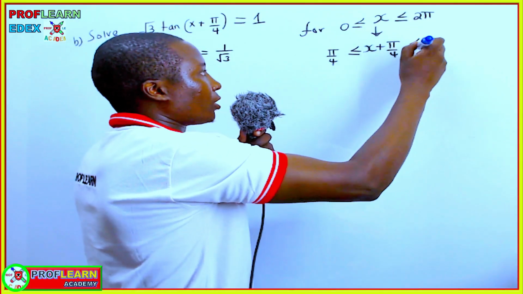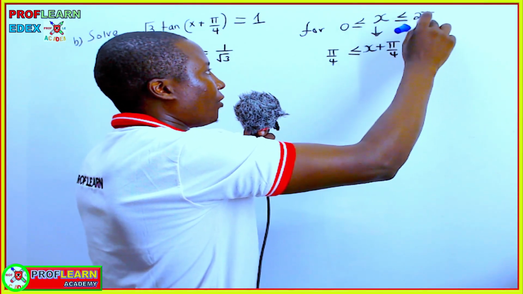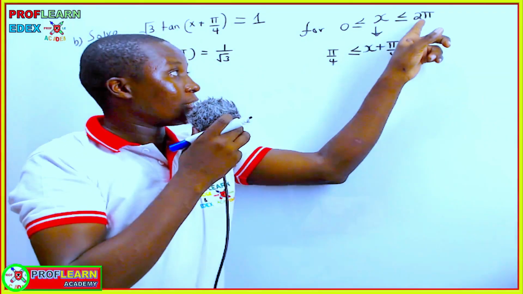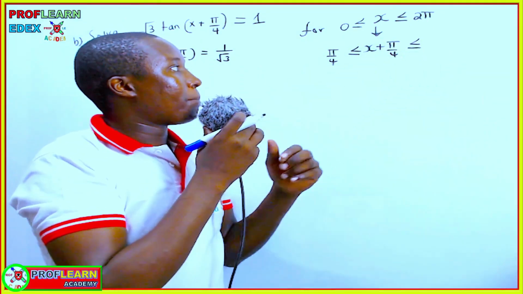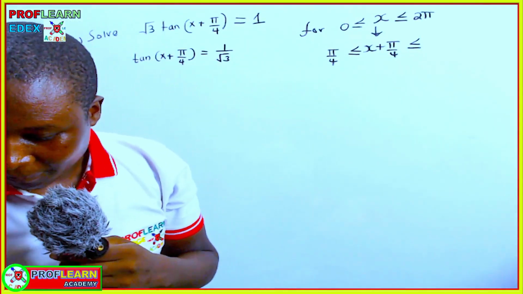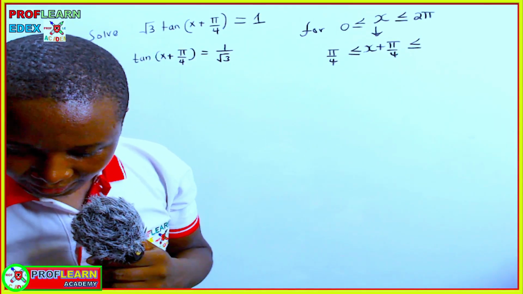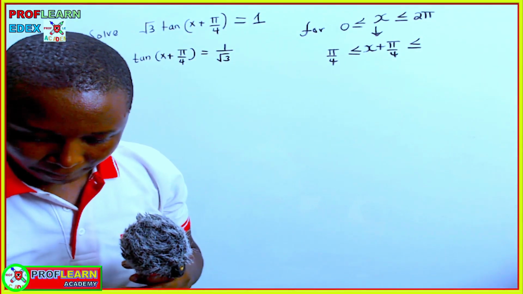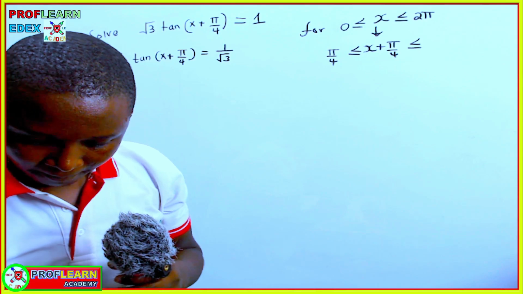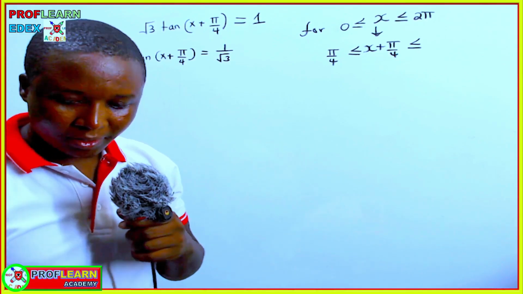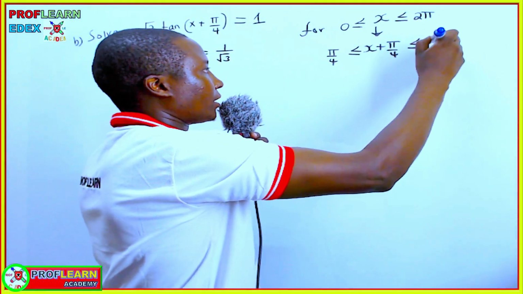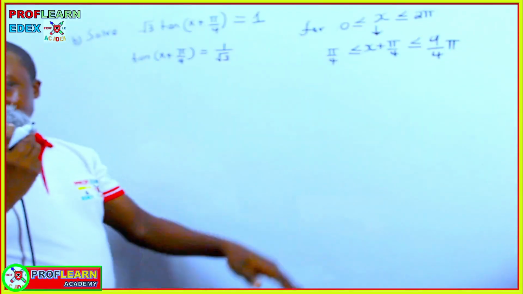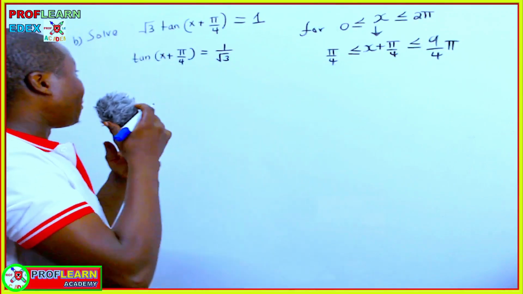I'm also going to add pi over 4 to 2 pi. 2 pi plus pi over 4 actually translates to 9 over 4 pi. So I've transformed the range to be in the same format that we have here.